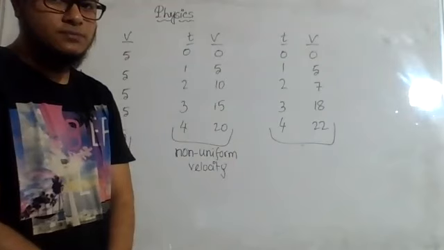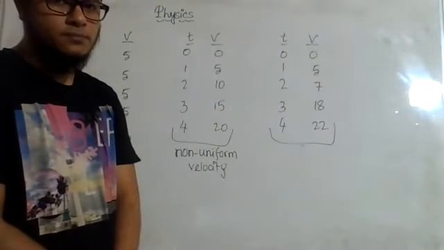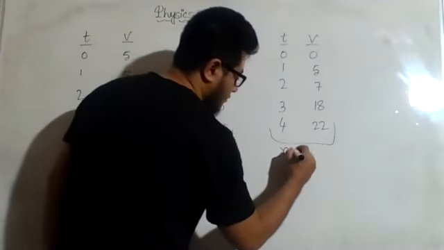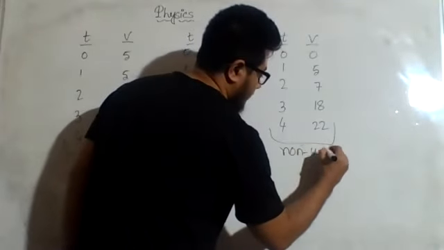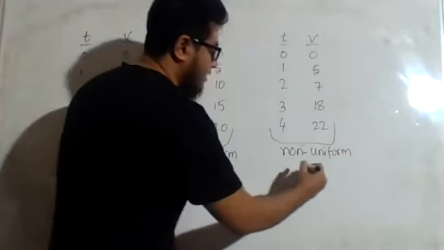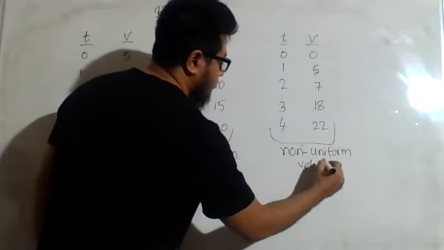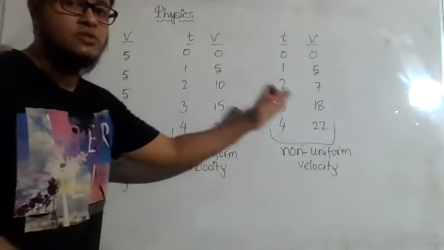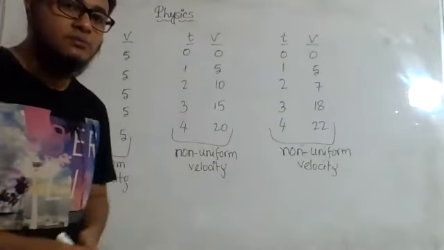So this is also non-uniform velocity. But even though both of them represent non-uniform velocity, there is a little bit of difference between these two. Can anybody tell me what is the difference?